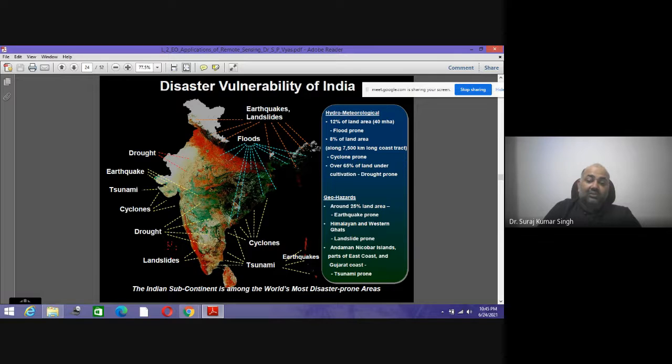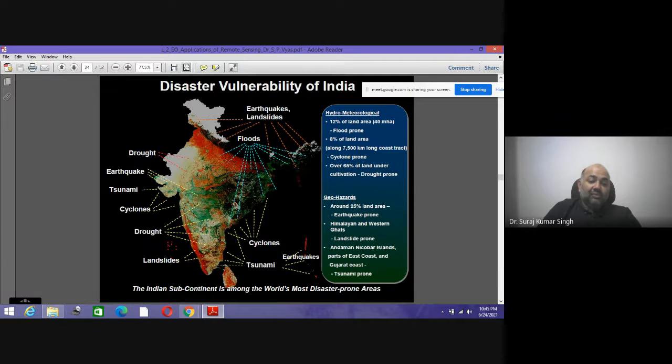We are always facing such kinds of problem that is related to floods. On the other hand, if you go to the northwestern parts, the area is very prone to drought, earthquakes, tsunamis, cyclone. They are very common in the shoreline areas, whether you talk about Odisha, West Bengal, Karnataka, Kerala.